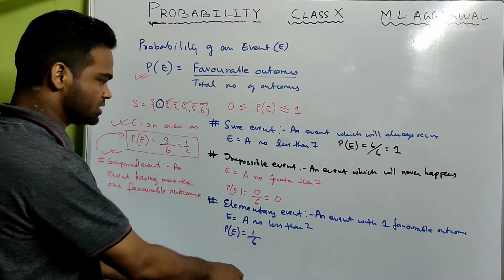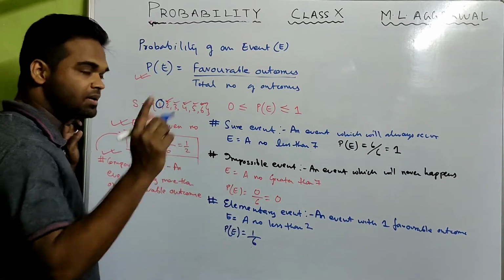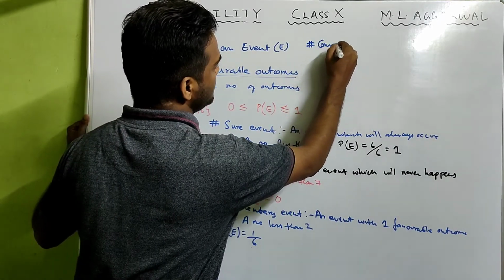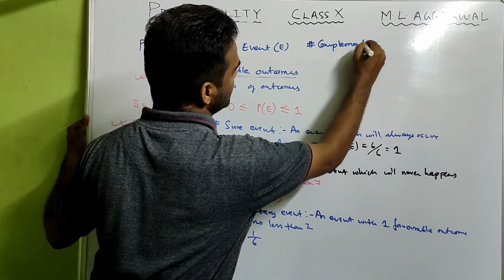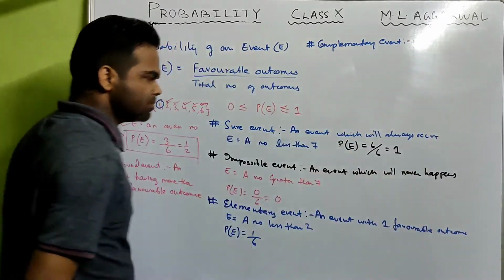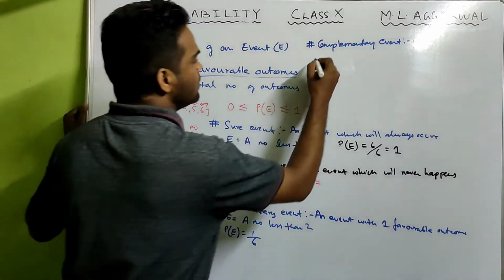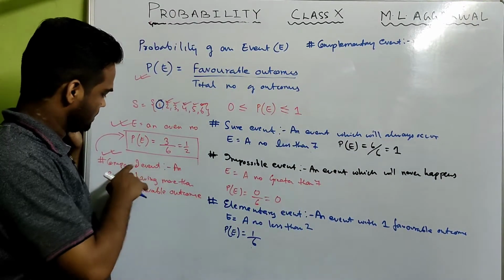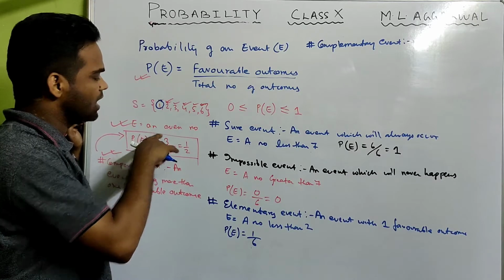Then one more is there, which is complementary event. Now look carefully, this is important. Suppose we have an event E. Suppose the event E is an even number.